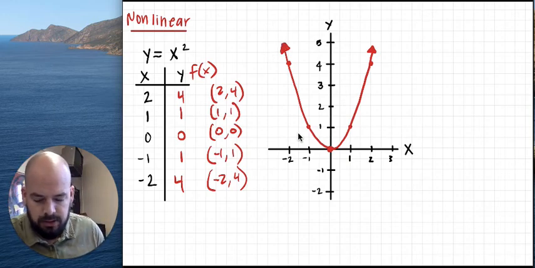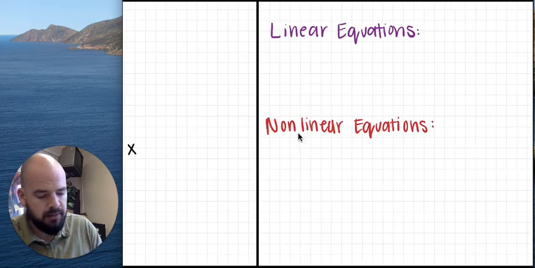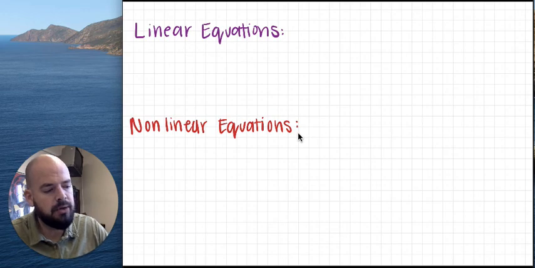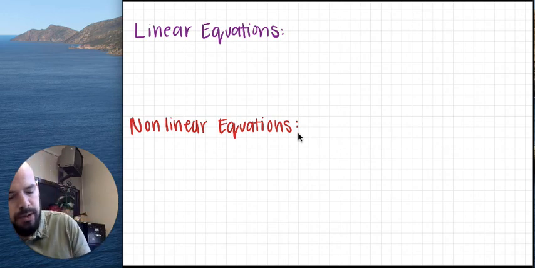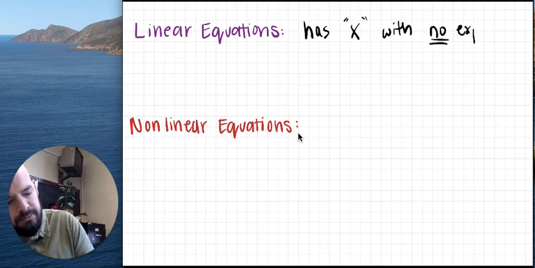Okay? So make sure you have all those notes, and then we're going to summarize very quickly. So a linear equation will be an equation that has x with no exponent. Okay?